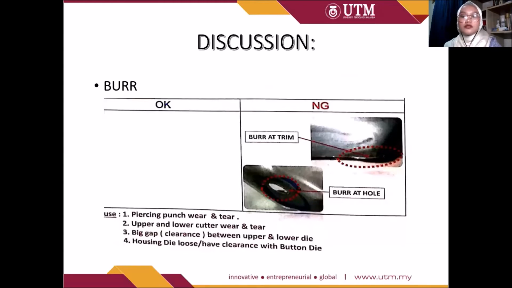This picture is a guide for the workers to see what the burr looks like, so they can identify the defect in the part. The causes are pressing punch wear and tear, upper and lower cutter wear and tear, pitch gap clearance between upper and lower die, and housing die loose or half clearance with button die.